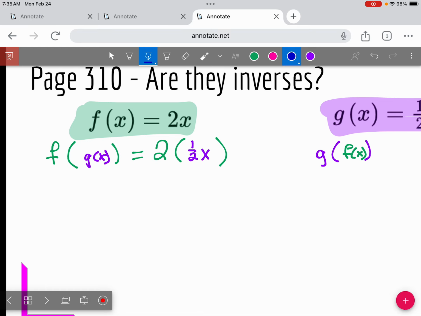We need to simplify it down. What is 2 times 1/2 x? What is 2 times 1/2? Y'all can use calculators. 2 times 1/2.